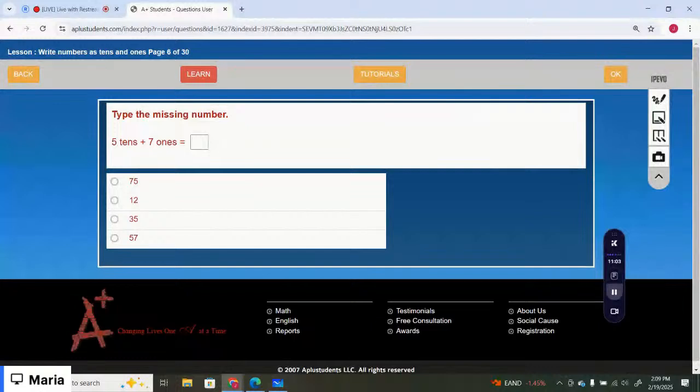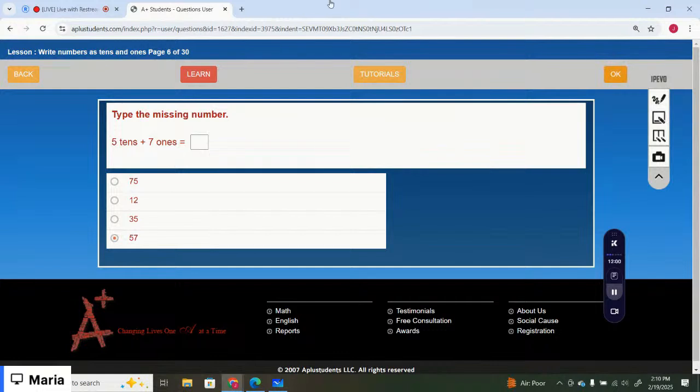Five tens plus seven ones. 5 tens and 7 ones together make 57. 7 is at the ones position and 5 is at the tens.